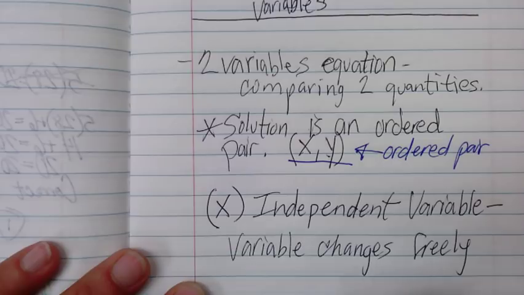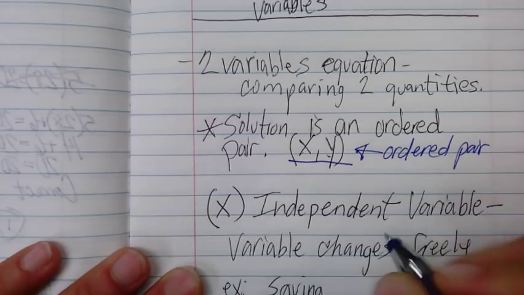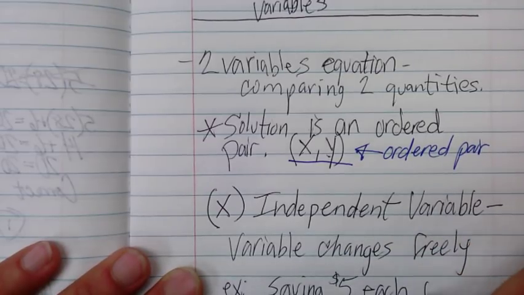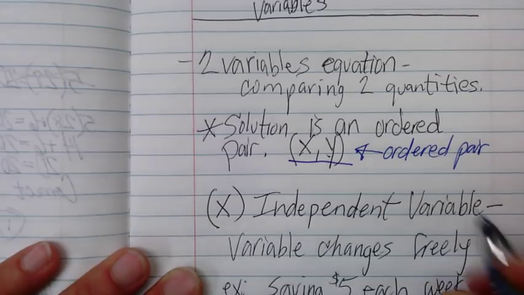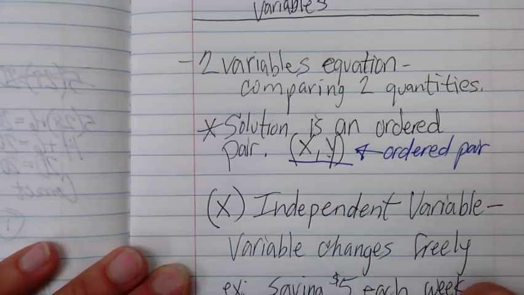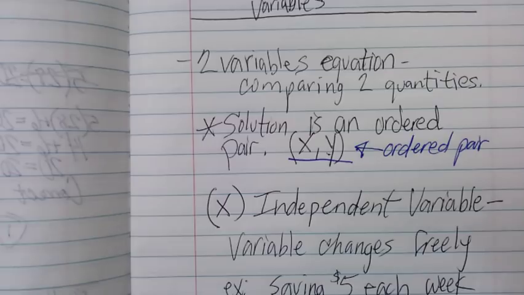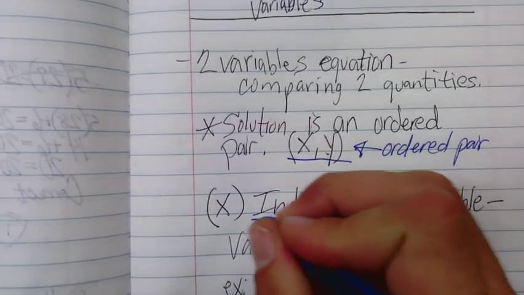So, for example, saving $5 each week. Then dependent variable, it depends.